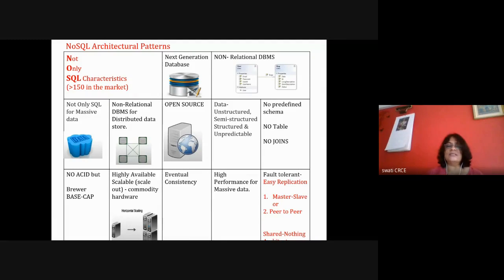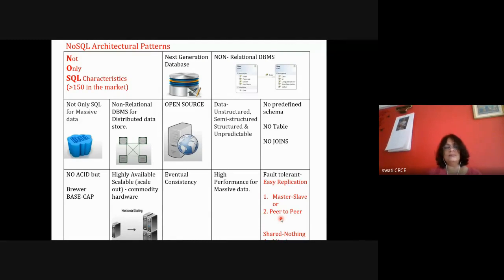In master-slave architecture, there is a master, like the name node. For HBase you have HMaster, and that HMaster takes care of the replication and creating replicas at the slaves, similar to the Hadoop architecture of name node and data node. So the master is responsible for doing the replication. In peer-to-peer, there is no master.